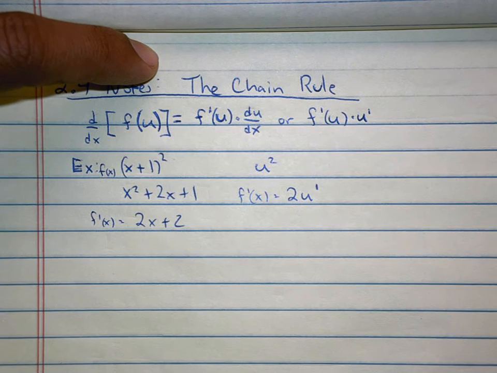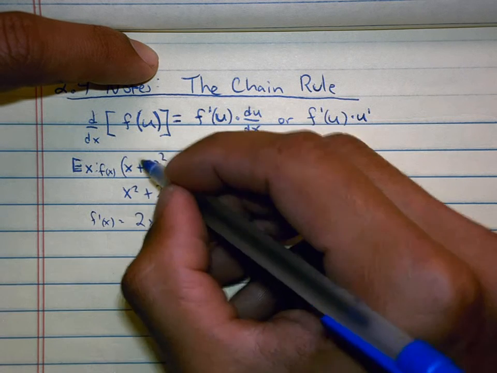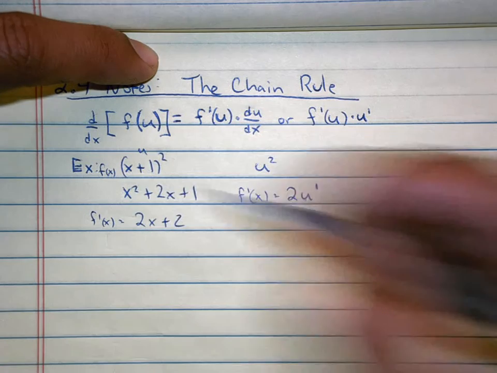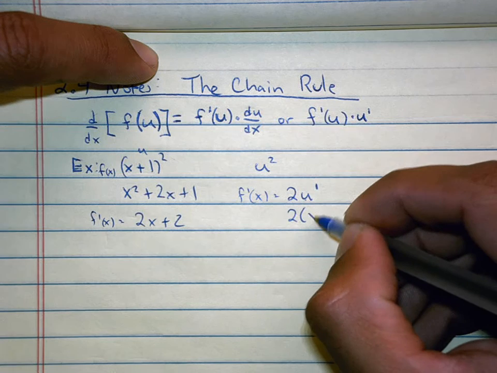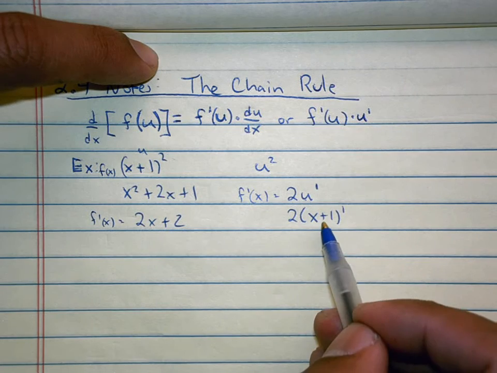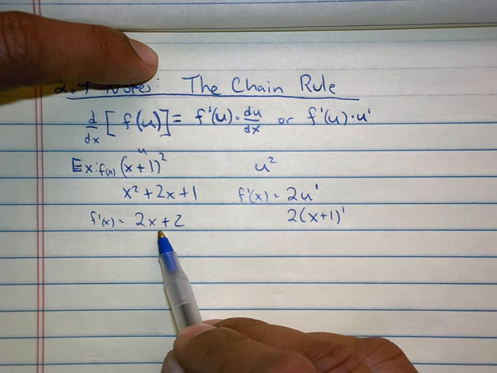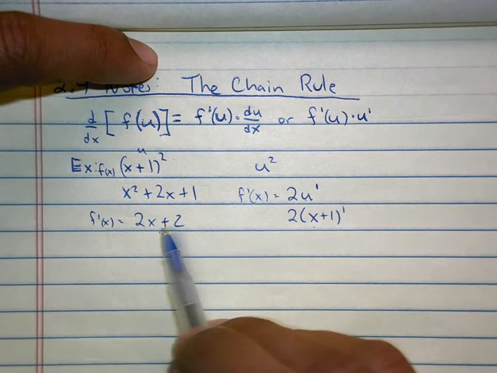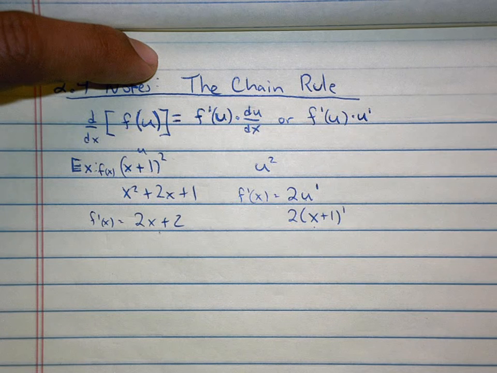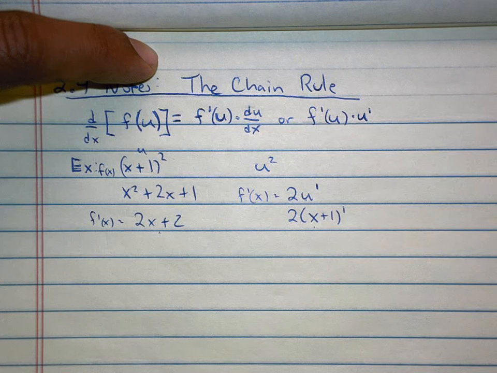What was u? U was x plus 1. So this is kind of like 2 times x plus 1 to the first power. Well, is this the same as that? It is the same. I messed up because I wanted one that wasn't the same, but that's all right. Good thing you didn't write it down, right?